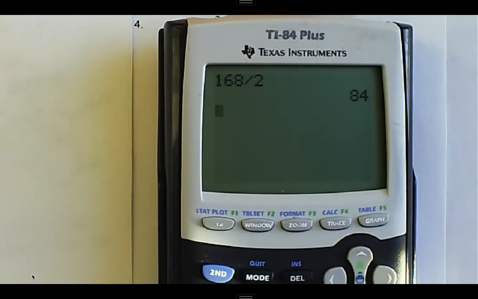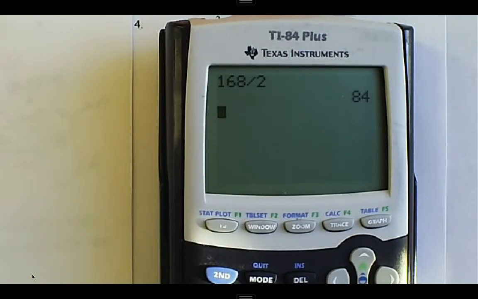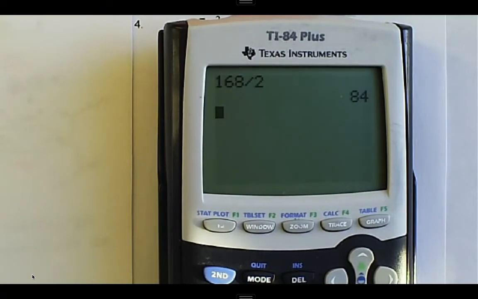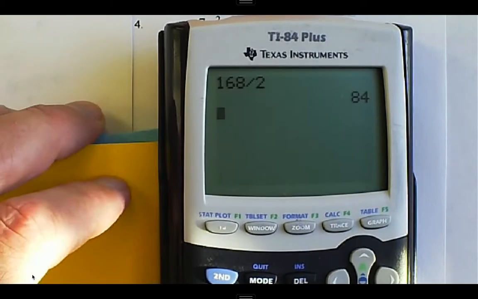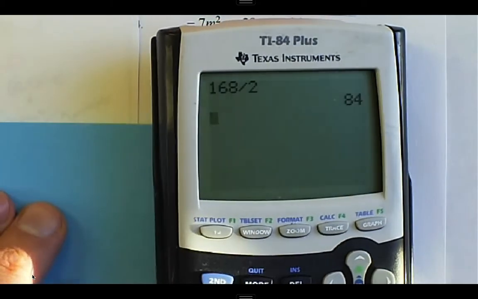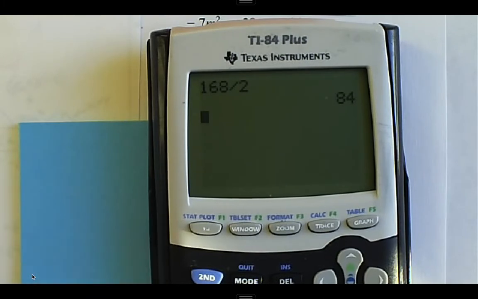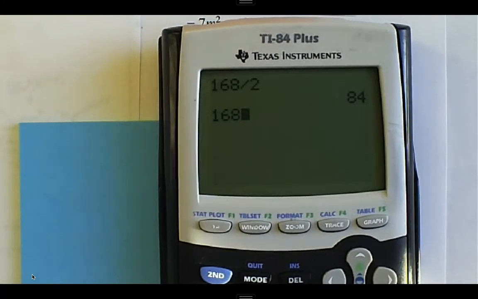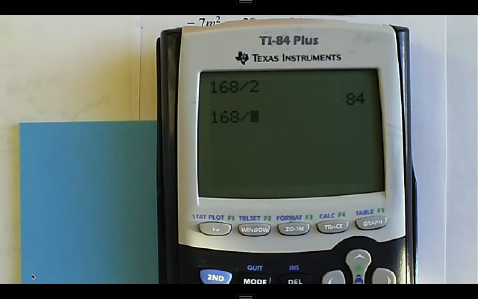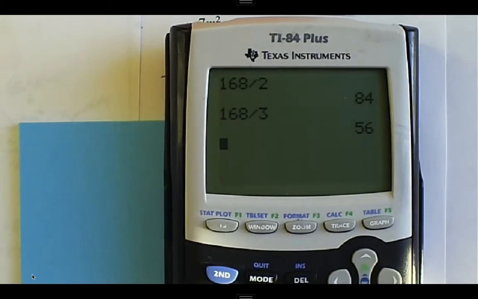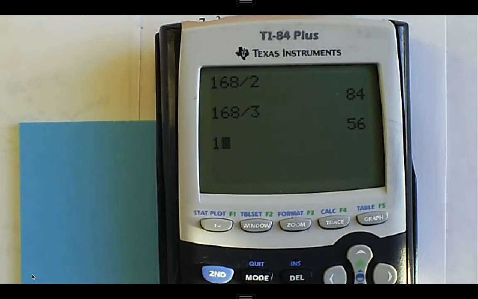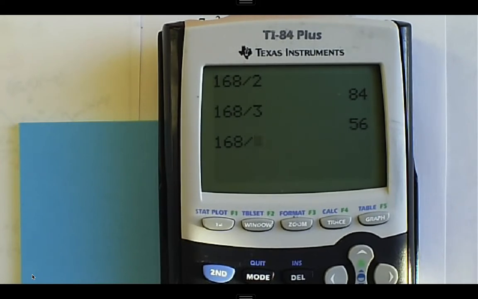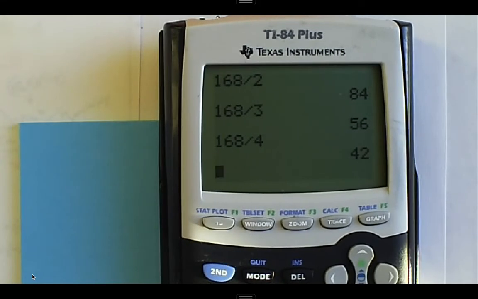Well, that doesn't really work out very well, because 2 plus 84 or 2 minus 84 is nowhere near 29, which is our goal. So we can check some more. Just keep going down the line. 168 divided by 3 is 56, still not there. 168 divided by 4 is 42, no.